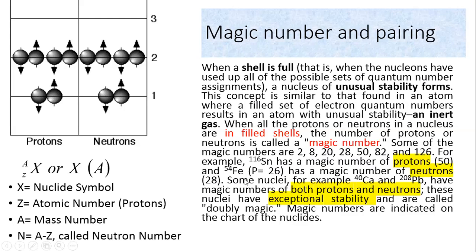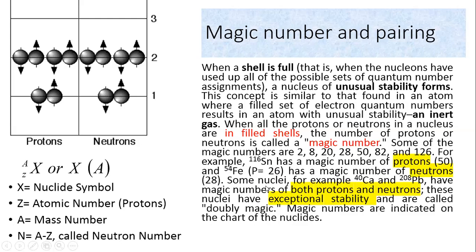Similarly, some nuclei have the magic number with respect to the neutrons, like in the case of iron-54, where the atomic number is 26, and when you subtract 54 minus 26, there are 28 neutrons. That means iron-54 has the magic number of neutrons.